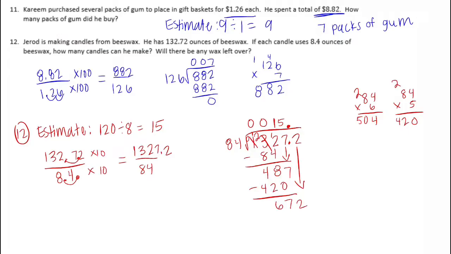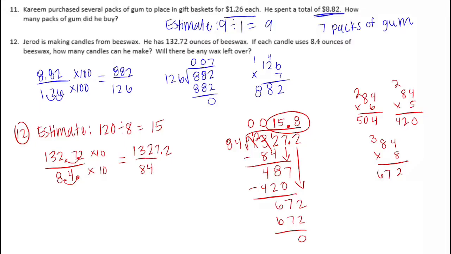How many times can 84 go into 672? Let's see, times 6 was 504. So let's try 8. 8 times 4 is 32. Carry the 3. 8 times 8 is 64, plus 3 is 67. So yeah, 672. So we get 15 and 8/10. So they can make 15 and 8/10 candles, but you can't have 8/10 of a candle.